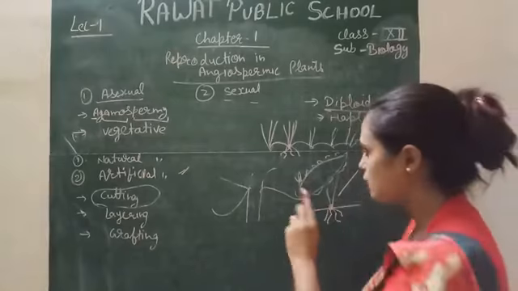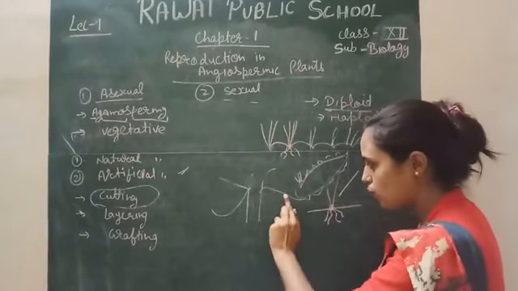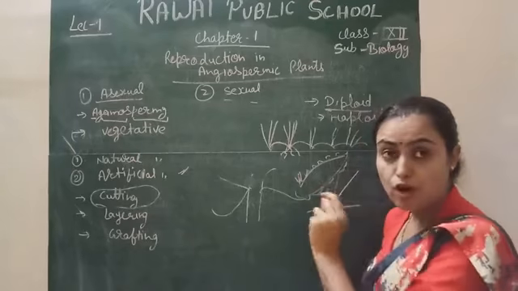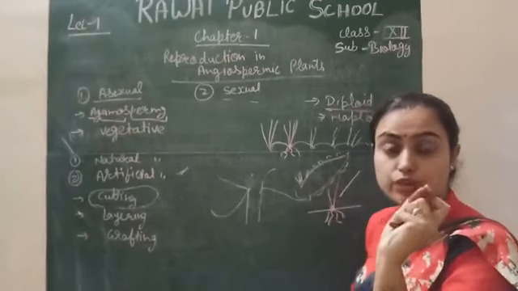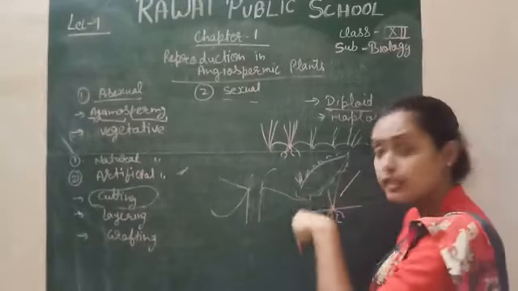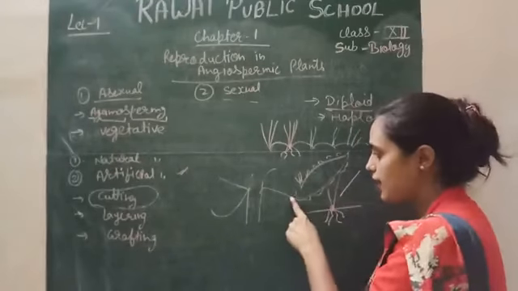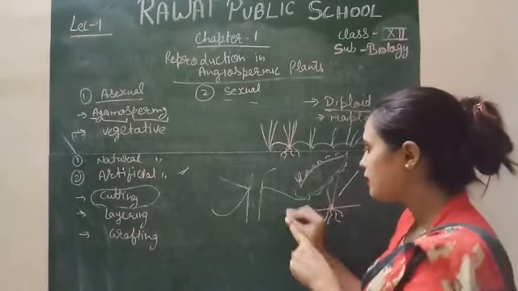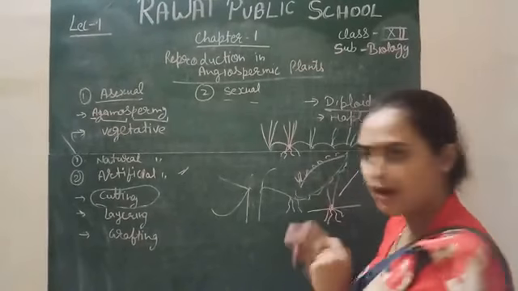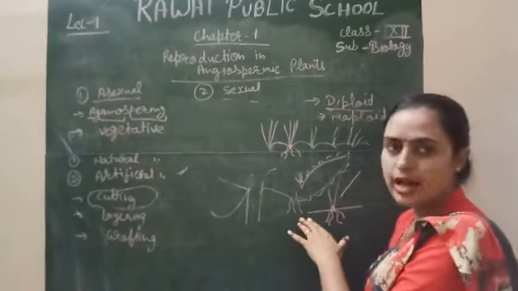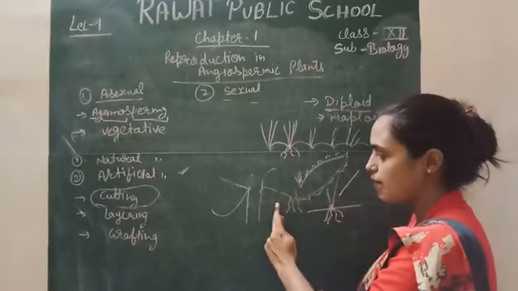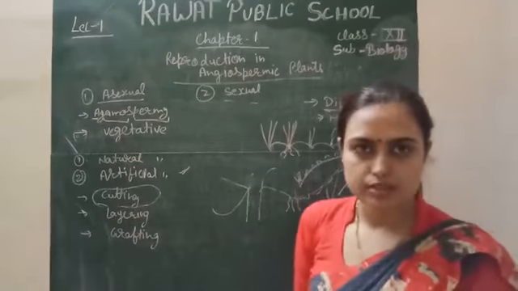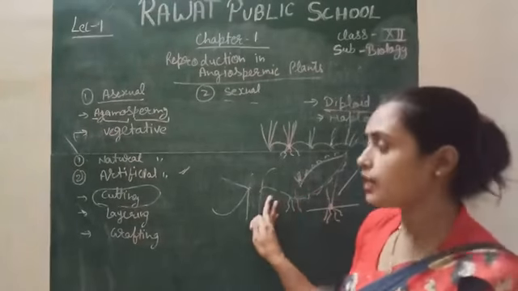So we will bury this branch into the soil. Make sure approx 2 to 3 nodes are in the soil. When the nodes come in contact with the soil substratum, adventitious roots arise. After the roots have arisen, you cut the branch from the main plant body and you can plant it anywhere simply. This is mount layering.